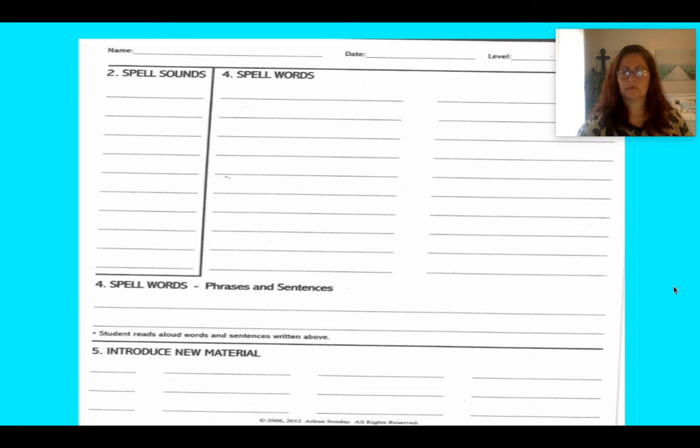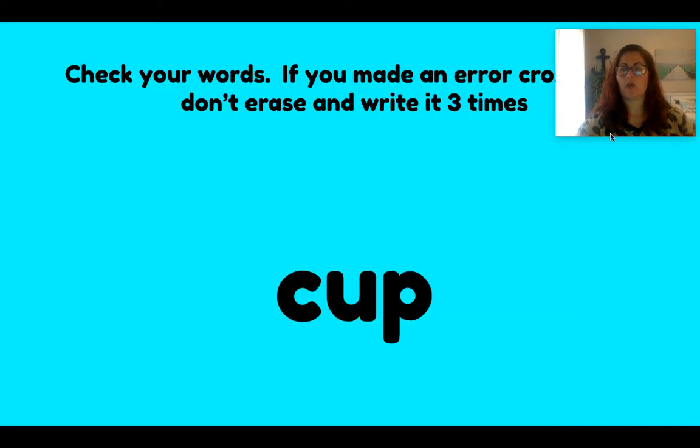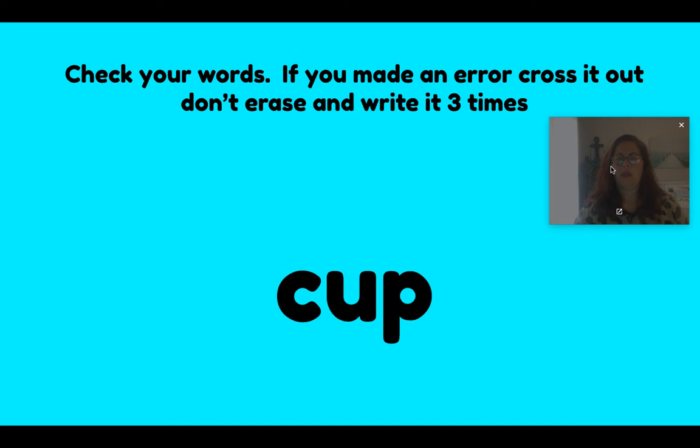Now we're going to check our words. If you made an error on any of the words, just cross it out, do not erase it, and then write it 3 times for extra practice.